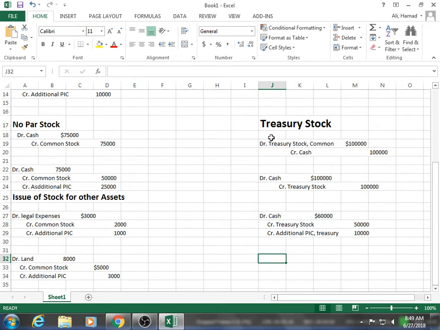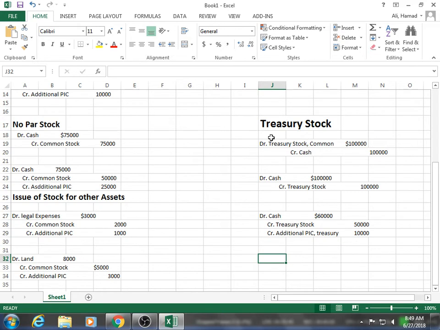If there is not enough, you take that portion from the PIC treasury, and the balance you take out of retained earnings. Let's assume the loss is 11,000. We only have 10,000 here, so you're going to take 1,000 from your retained earnings.